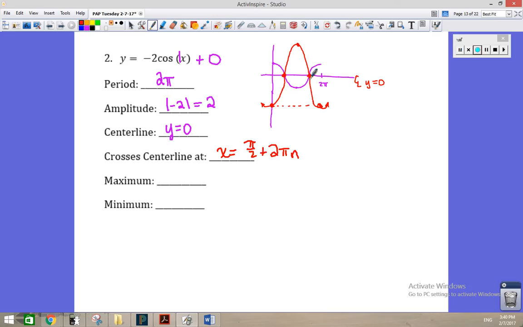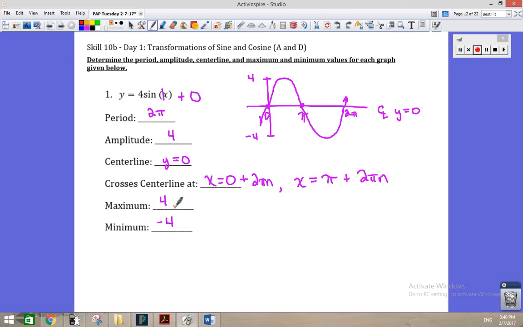It's also crossing it right here at 3 pi over 2 and any coterminal angle to 3 pi over 2. The maximum value is up at y equals 2, and the minimum value is down at -2. Maybe I should emphasize that the output of the function is the y coordinates.